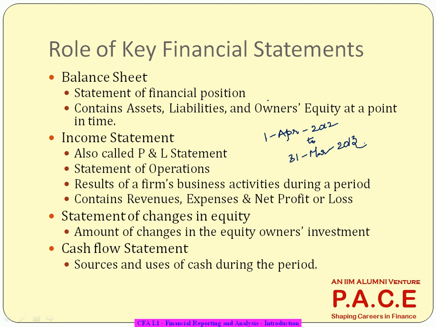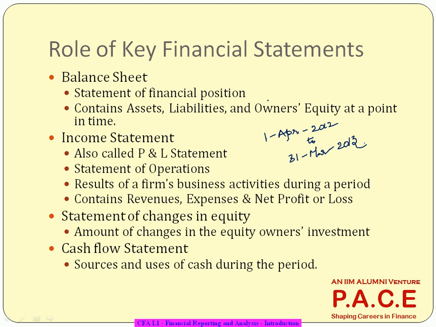So if I sell it, I'll get it in the form of cash. But if I use it, without any extra spending I can very well use it. So that's also a kind of benefit. So the balance sheet simply talks about what is outstanding to be received and outstanding to be paid as on a particular date. Outstanding to be received are called my assets. Outstanding to be paid are called my liabilities.